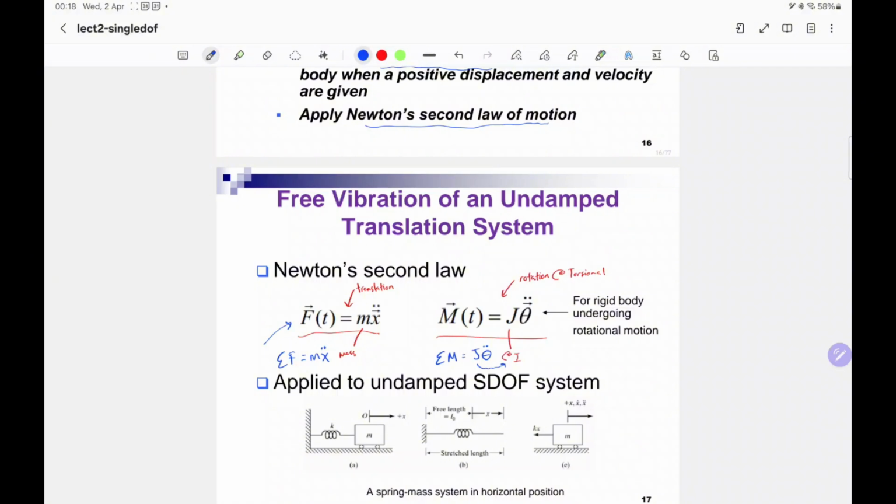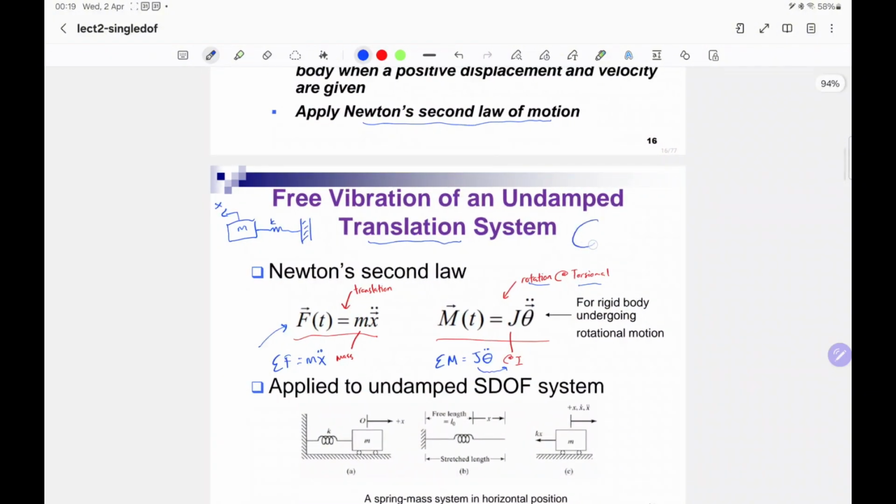And what's the difference between those two? So for translation system, it consists of spring and mass. And for torsional system or rotational system, it consists of a disc and shaft.